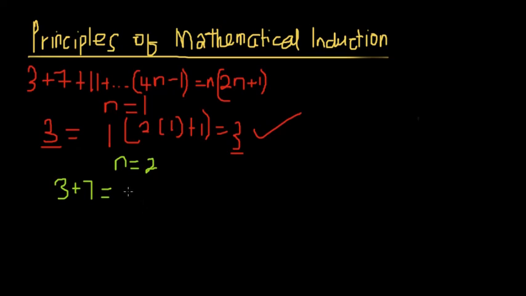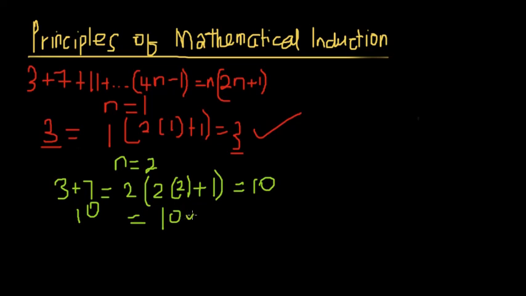So we have 2 open brackets 2 multiplied by 2, plus 1. From here you can see that this equates to 10, which is equal to 3 plus 7. You know that 3 plus 7 is also equal to 10, right? So the left hand side and the right hand side are equal. It means that the proof is correct.